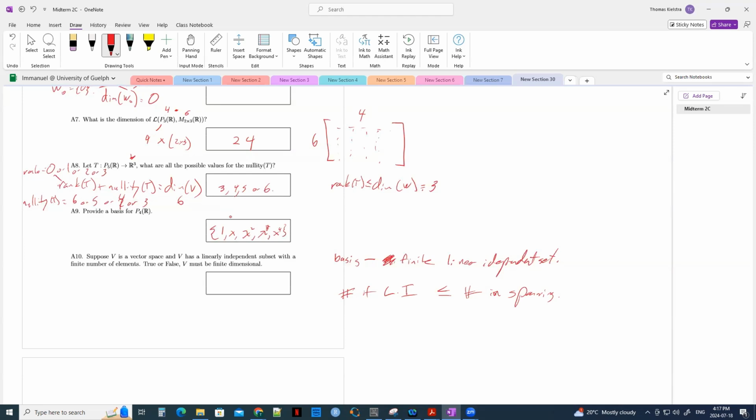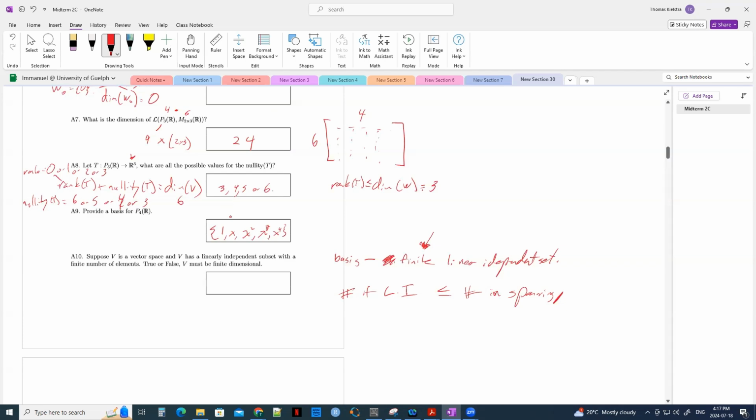So here we've said we have a finite linearly independent set. So there's a finite number of elements in it, but we haven't bounded it above. There's no reason why we can't have a larger linearly independent set. There's no information telling us there's an upper bound. So we have no bound on the size of the basis.